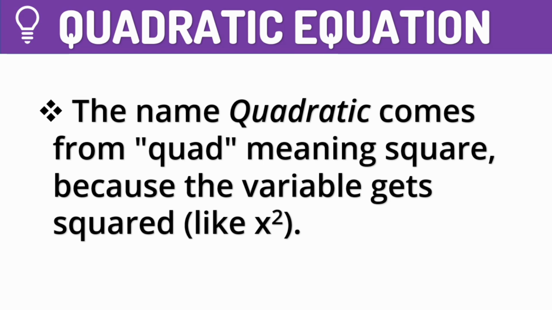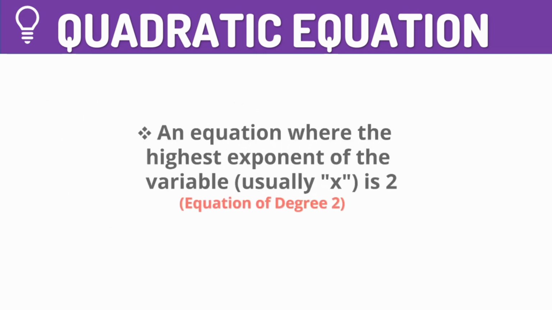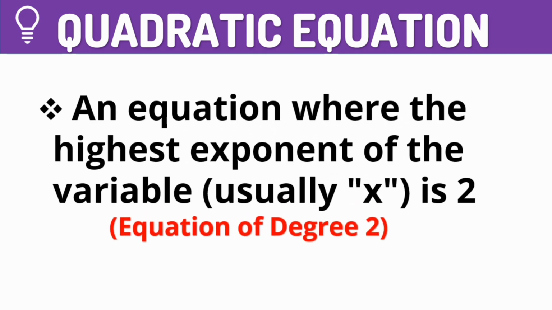Therefore, a quadratic equation is an equation where the highest exponent of the variable, usually x, is 2. So as you can see from the definition, it is an equation, meaning to say it must have an equal sign. And remember that the highest exponent of the variable is 2.